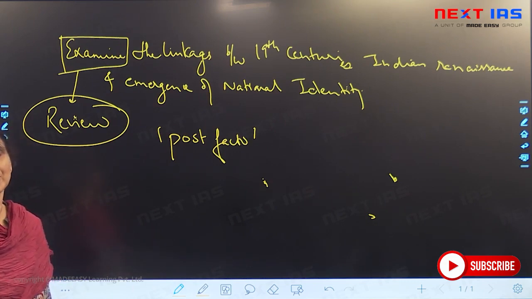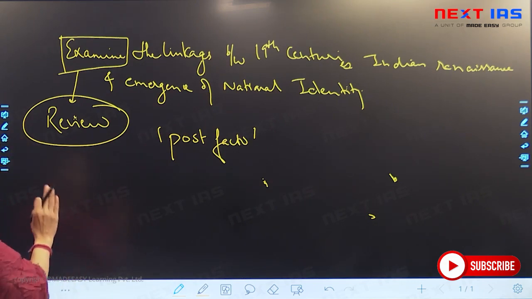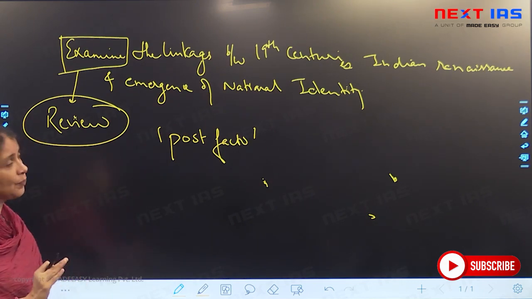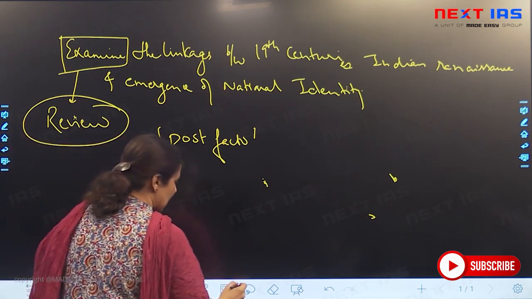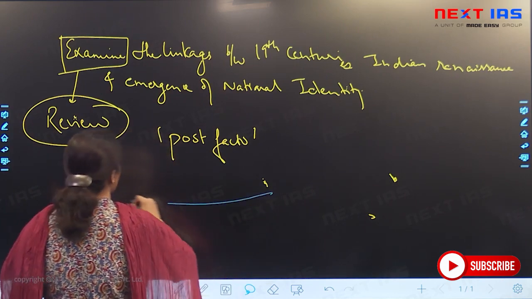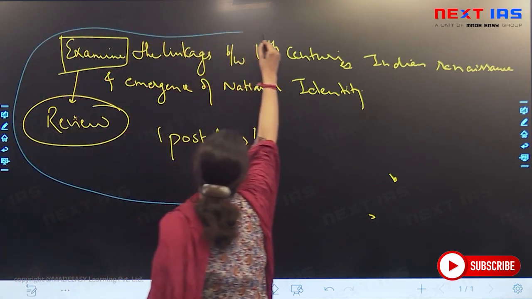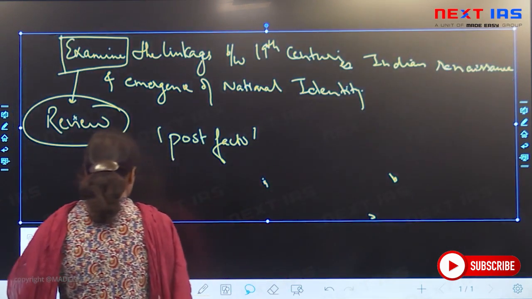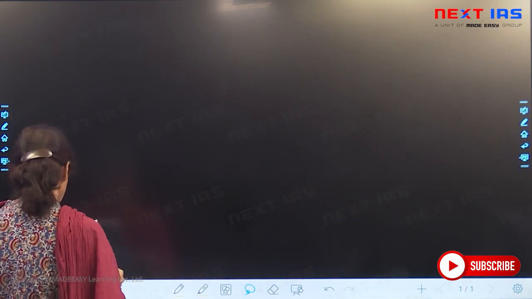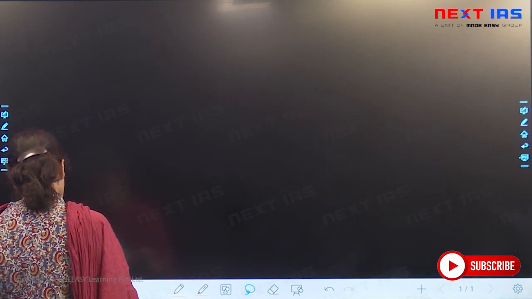You have just seen it but you have not concluded it. So whenever you get examine or review, do it like this. Whenever this word comes, think like you are examining a copy. What does an examiner do? He sees and gives you marks, and marks are his conclusion.